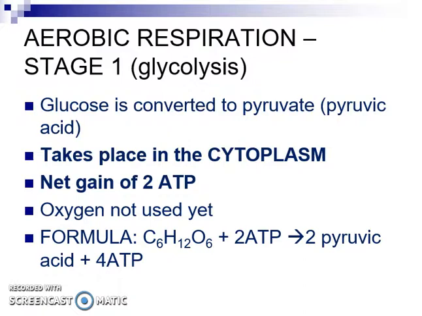You're going to split that molecule into 2 pyruvic acid molecules, and you're going to end up with 4 ATP. So you spent a little bit of ATP, but you actually gained a little bit more. I like to think of it as if I were to start a business, I'm going to have to spend a lot of money making this business happen, but then hopefully I'm going to make a lot of money back because of my investment. So in the end, you get a net gain of 2 ATP in just this stage alone.